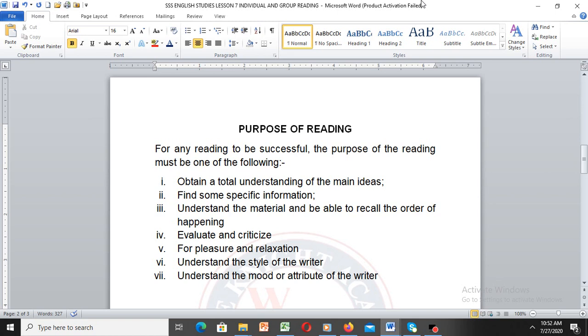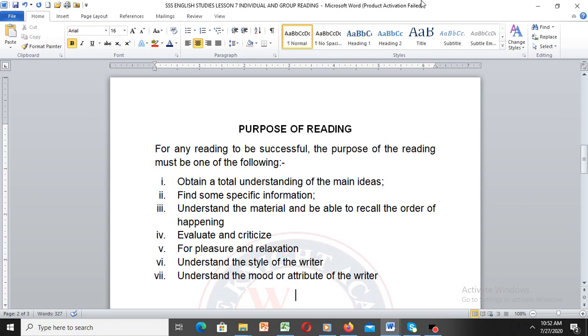Create a problem and find a solution via information through reading. So you find some specific information. This information will help you to read. Then you are reading to get information on that particular topic or that particular subject.